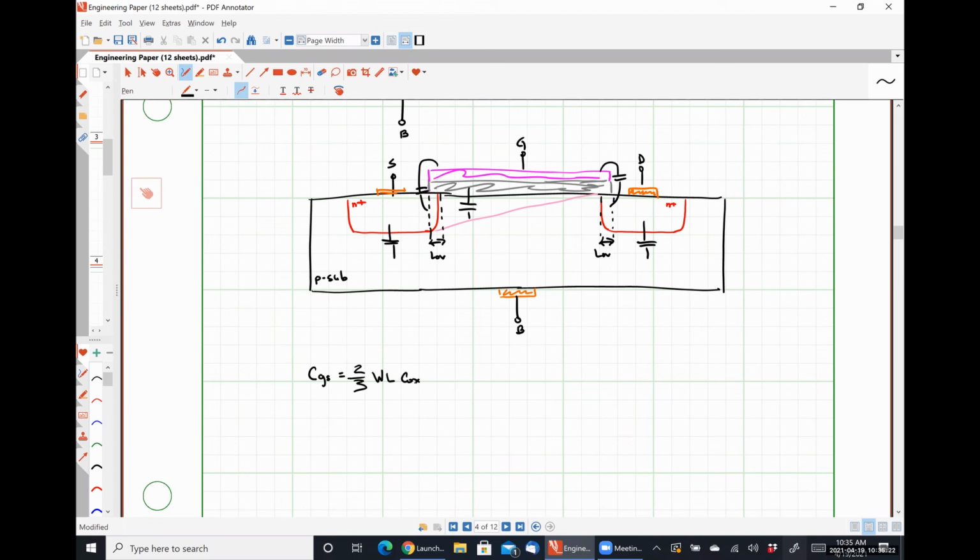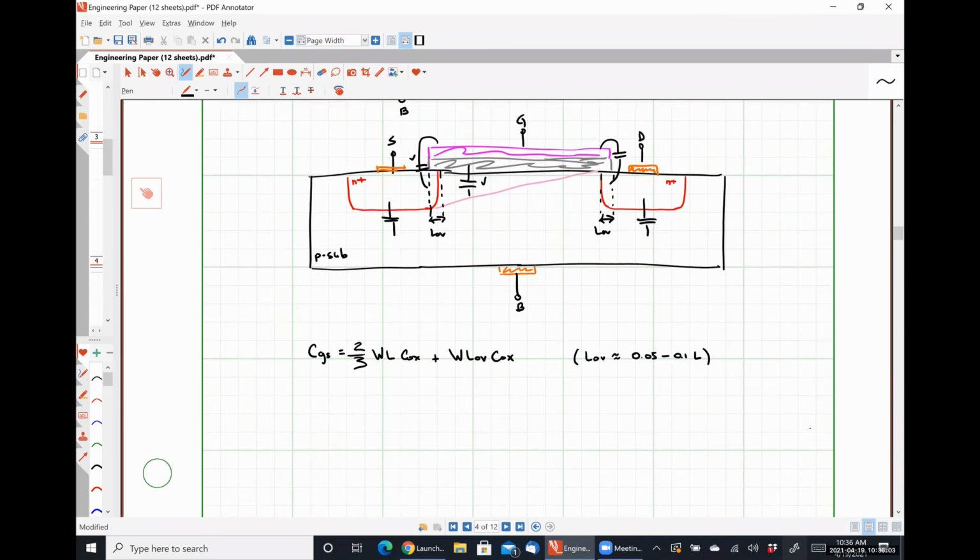And then we also have that overlap capacitance, which is going to be W L overlap times C-ox. So this takes care of this guy and this guy. Okay, so that's our gate source capacitance. Just for your reference, L overlap is usually somewhere around 0.05 to 0.1 of the transistor length. So it can be fairly appreciable. All right.